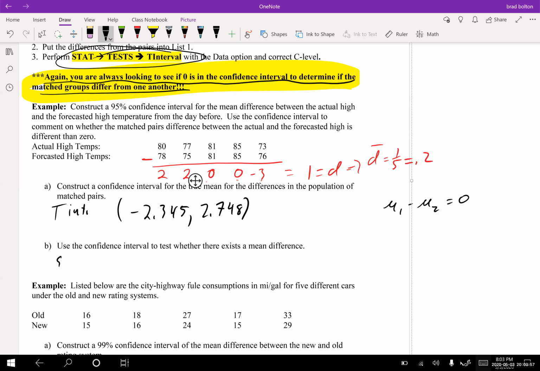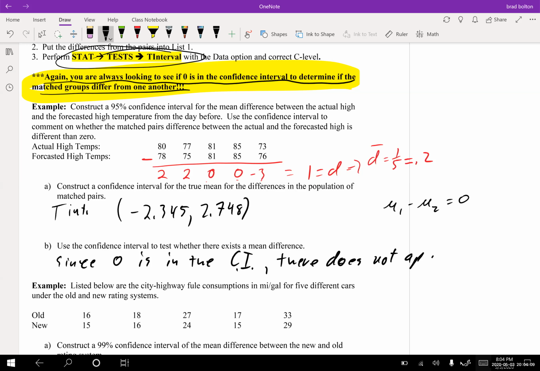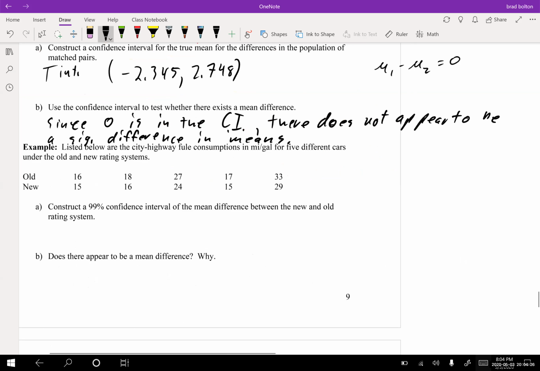So since 0 is in the confidence interval, there does not appear to be a significant difference in means. Now, once again, this is because we were using matched pairs.